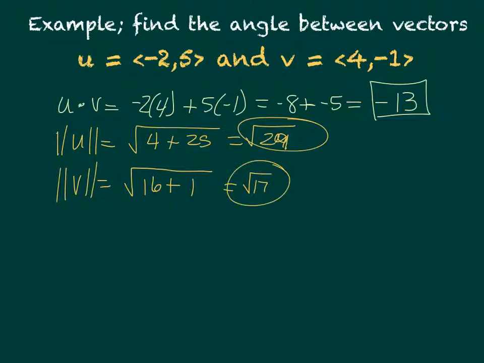So if I put those two together, the magnitude of u times the magnitude of v, I'm going to get the square root of 29 times 17, which is the square root of 493.